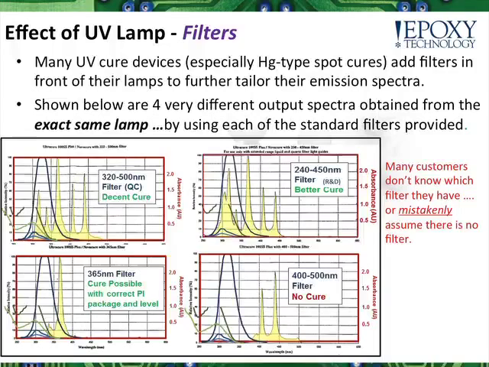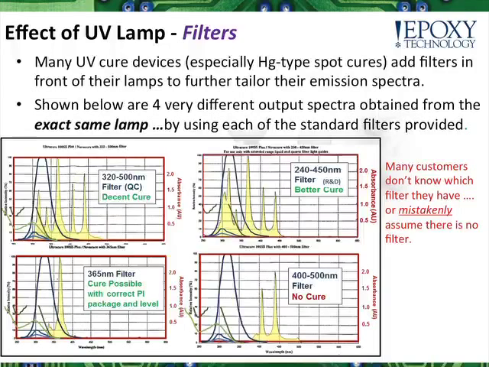That actually creates complete no cures, and we've actually had customers come to us and say no matter how long they illuminate our UV materials, they can't get any level of cure. It's commonly because they're filtering out many of the critical wavelengths needed to fully cure the material.